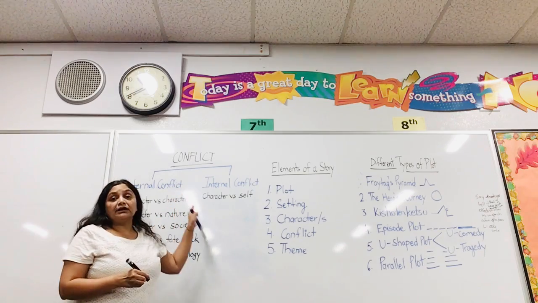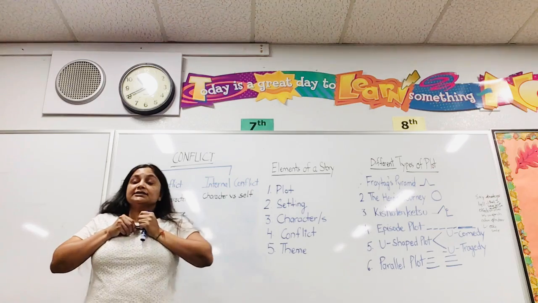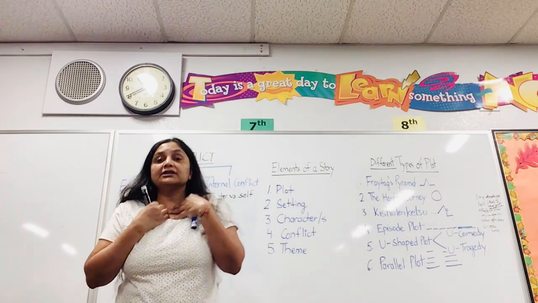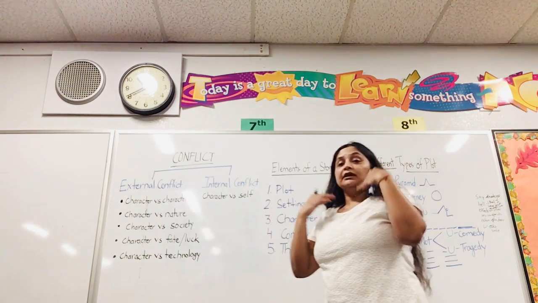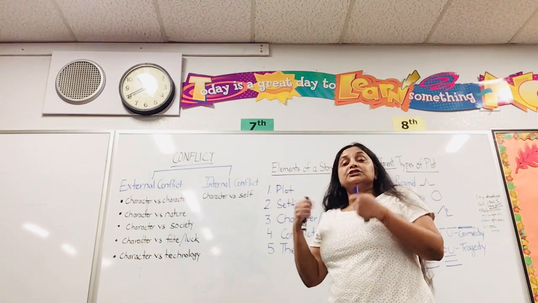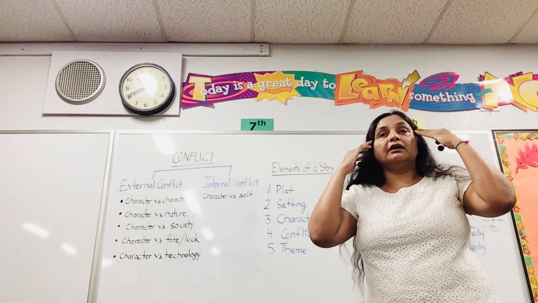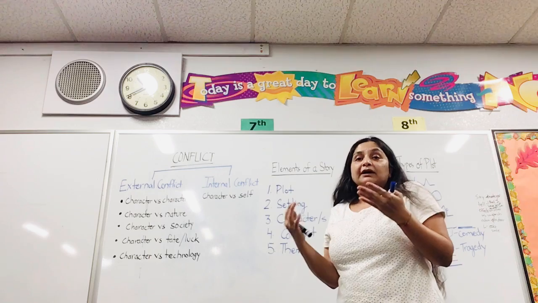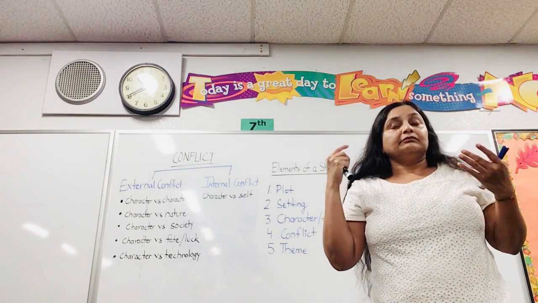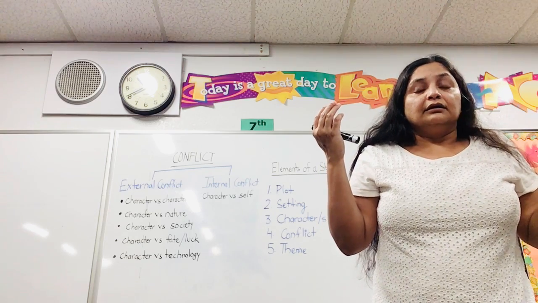So let's talk about the internal conflict, internal problem. Character versus self. When a character has a problem within himself or herself, the character is struggling on his own. Something is going on in his or her mind. For example, Aladdin.